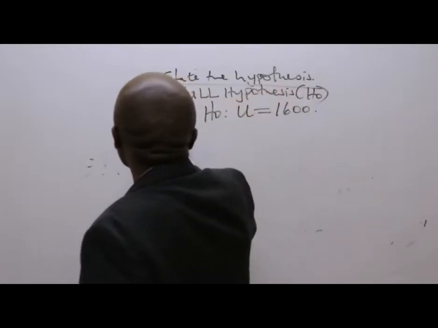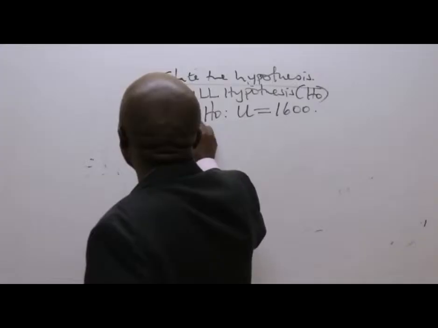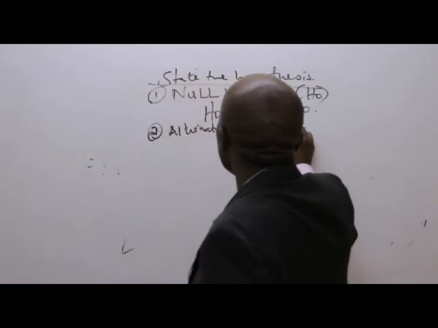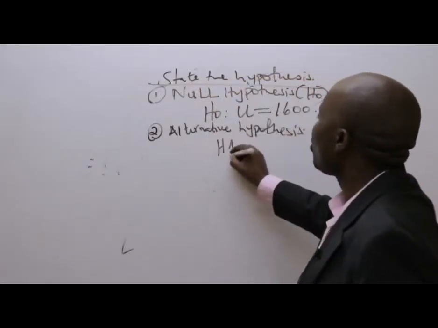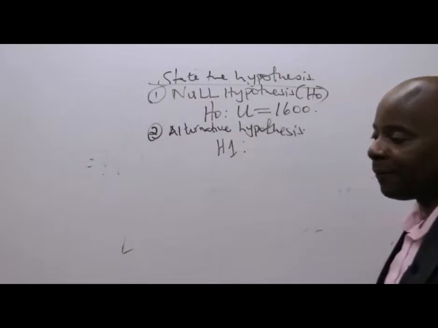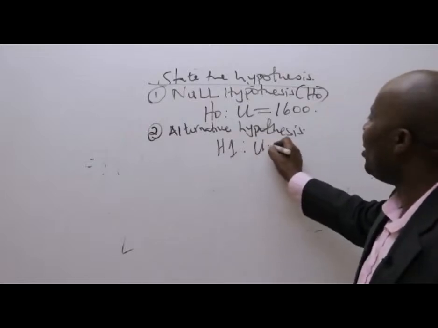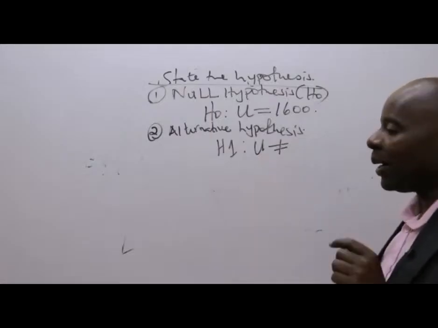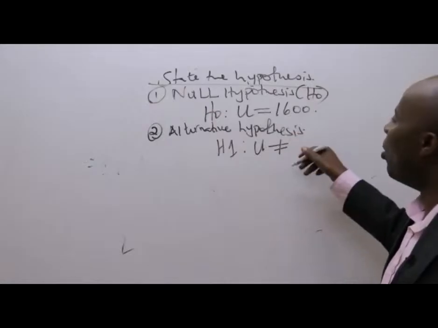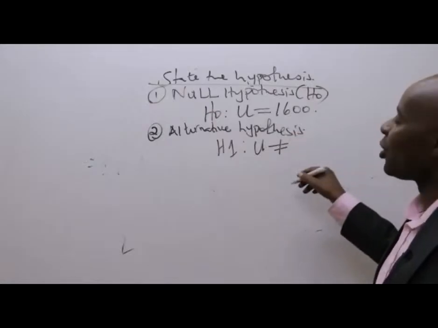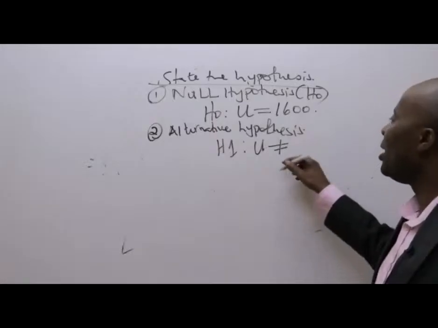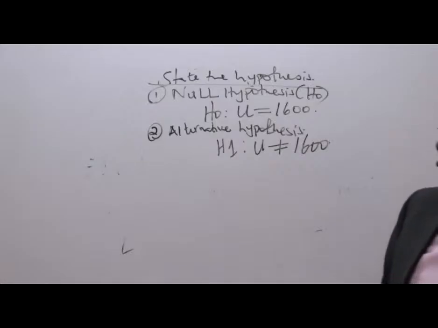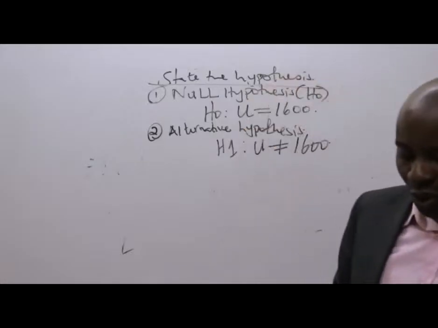So we have what we call the alternative hypothesis, which we shall be denoting as H1. Mu stands for the mean. Our lifetime here could be either more or less than 1600, so our population mean is not equal to 1600.